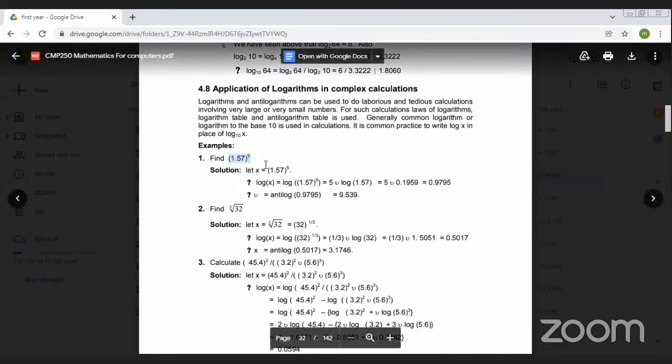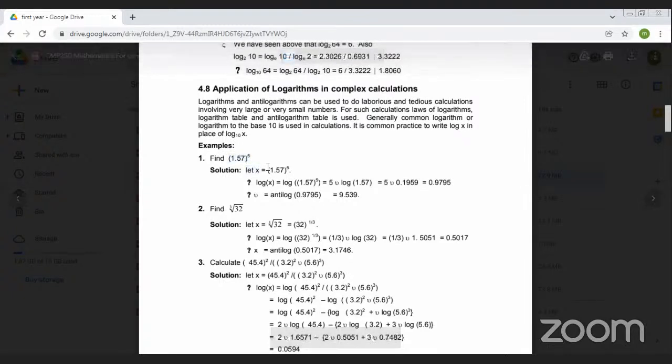So what do we do? Take log on both sides. This will be the first step. After that, we know the property: log to the base b of a raised to n is n into log of a. So n into log of 1.57.